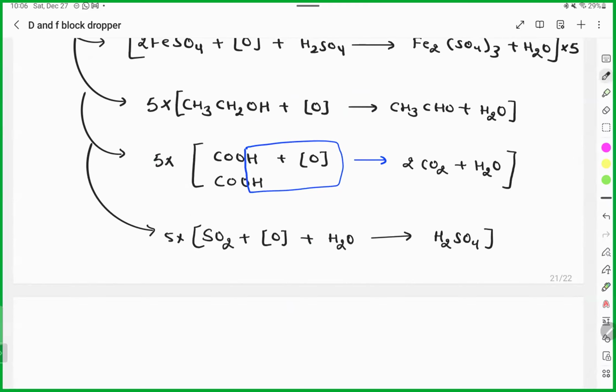Any doubt? So if we don't add H2O, then will it be SO3? It can convert into SO3, but H2SO4 is more stable and we already have a lot of water in the reaction. That's why. This is happening in the aqueous condition. Yes, sir.